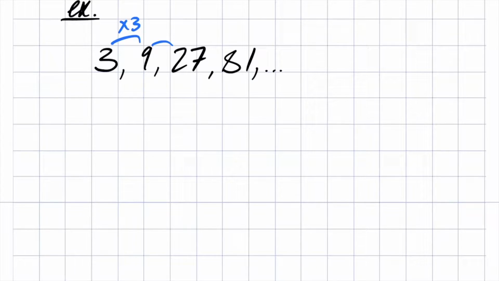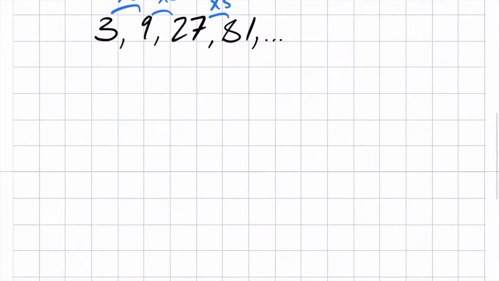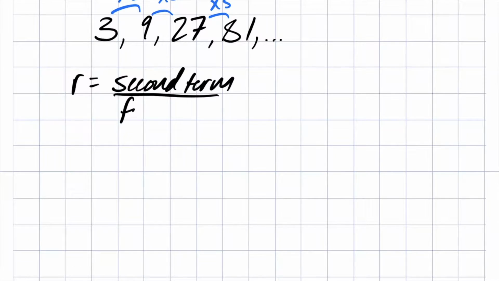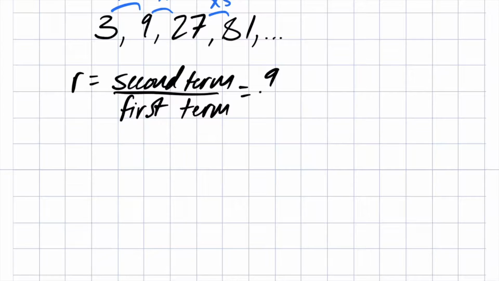From here to here is times 3. 3 times 3 is 9. 3 times 9 is 27. From here to here is times 3. But let's go ahead and do the math the way I just taught you. Okay? So R equals second term over first term. And in this case, it's going to be 9 over 3, which is 3.